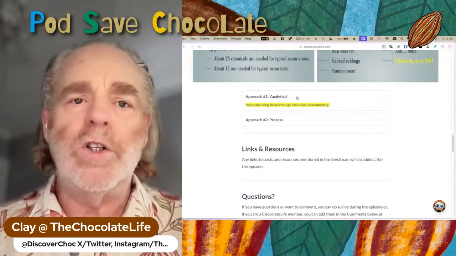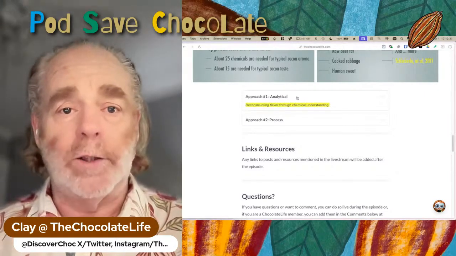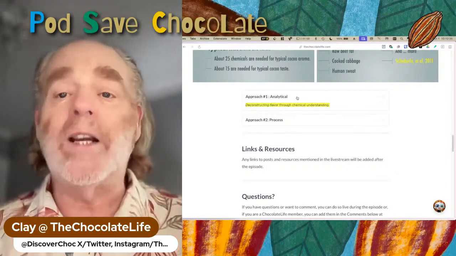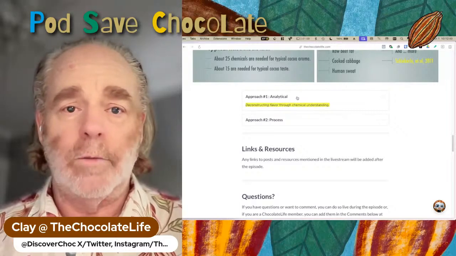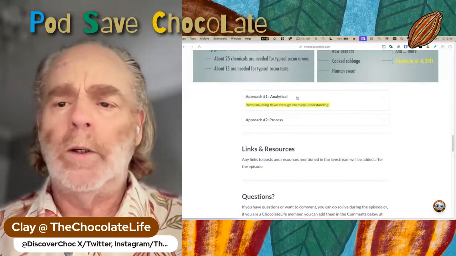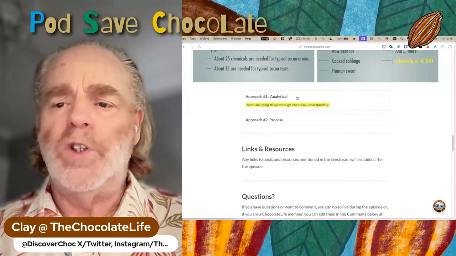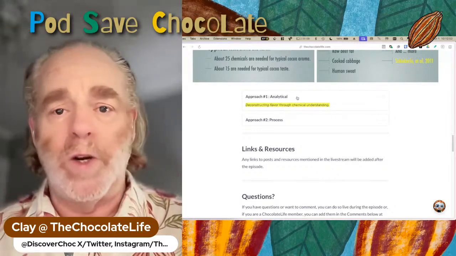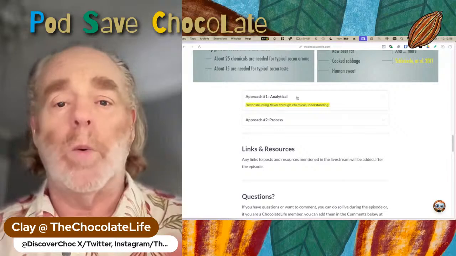And what we're trying to do in an analytical approach is to deconstruct the flavor of chocolate. So we're going to take a chocolate, we're going to subject it to analytical chemical analysis. So we're going to put it into some sort of GCMS, some device to say, here are the chemicals which are in this particular product, whether that product is a chocolate or whether it's a cocoa.